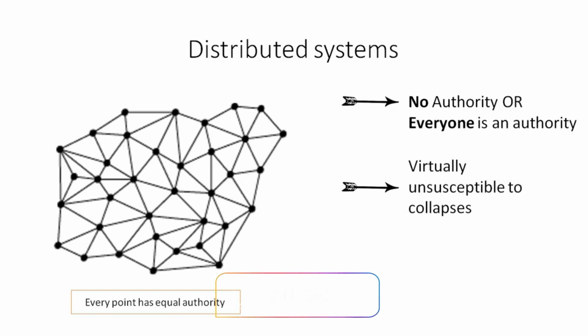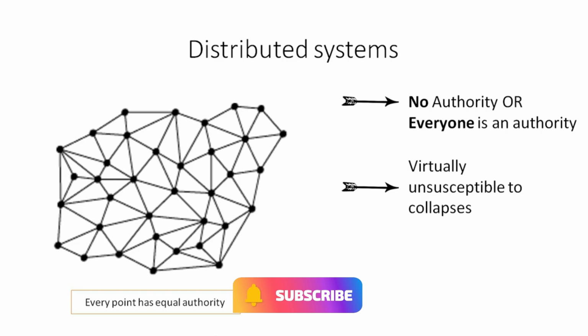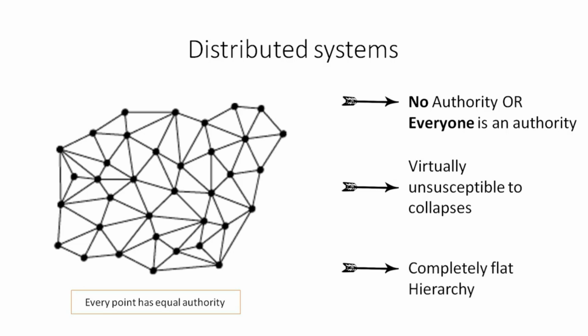However, to bring down a system, one must control or alter more than 50% of the points of authority. The costs of doing this itself will erase most gains, and this will make it economically unviable to hack these systems. And finally, the hierarchy is now completely flat.